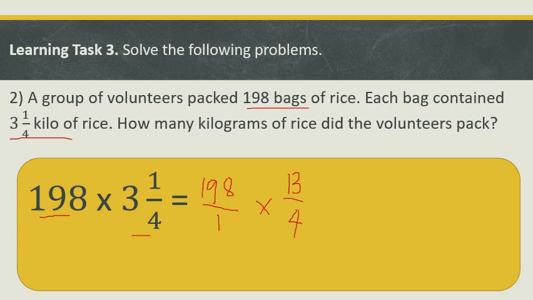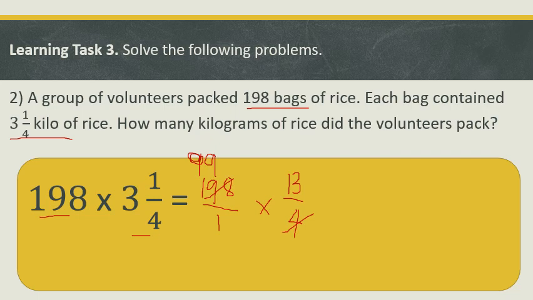Ang 198 and 4 po ba ay may common factor? Ang common factor niya is 4. 198 divided by 4 ay hindi pala 4, 2 lang. So 198 divided by 2 is 99.